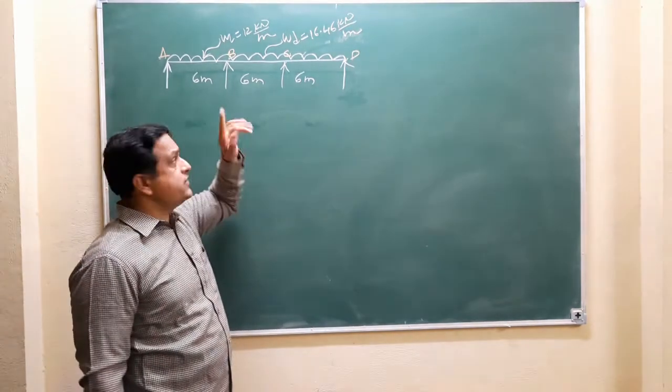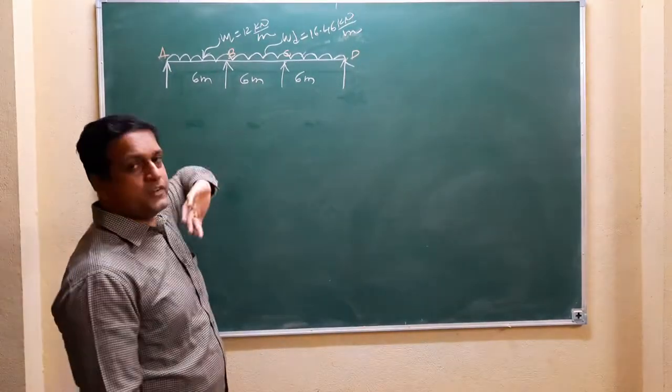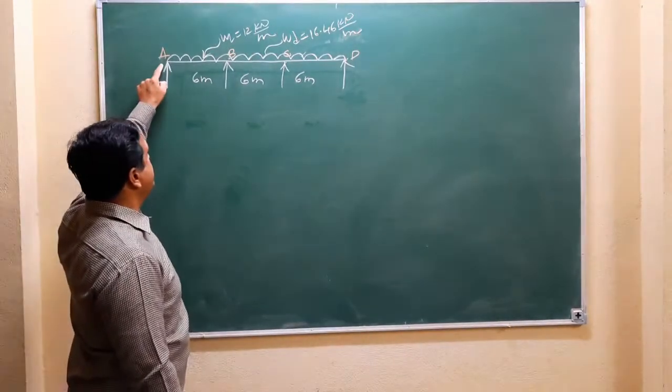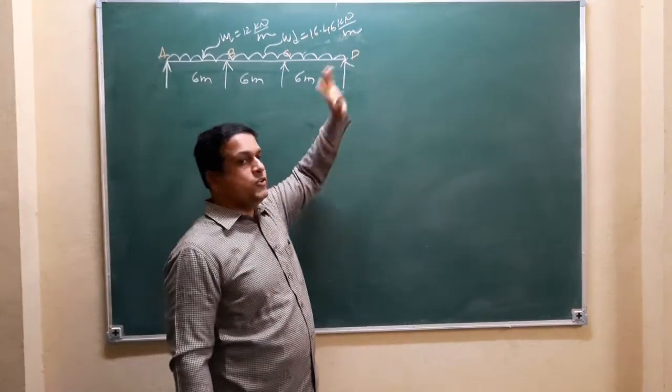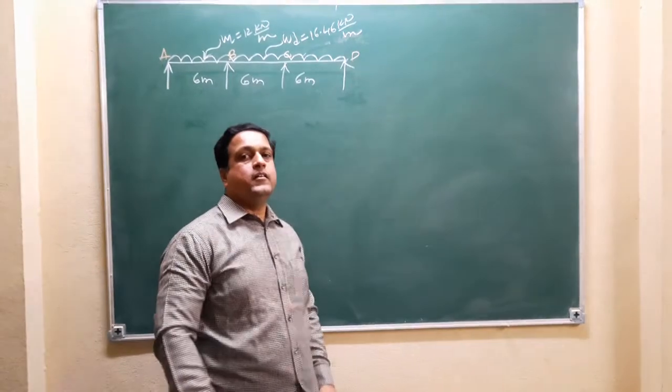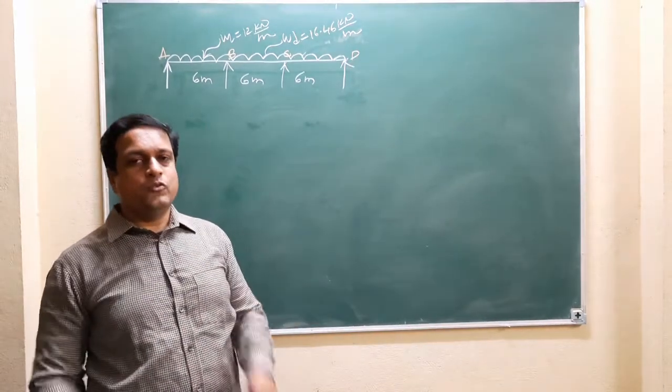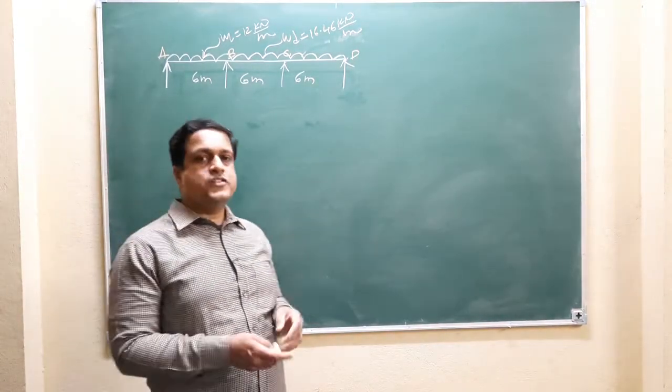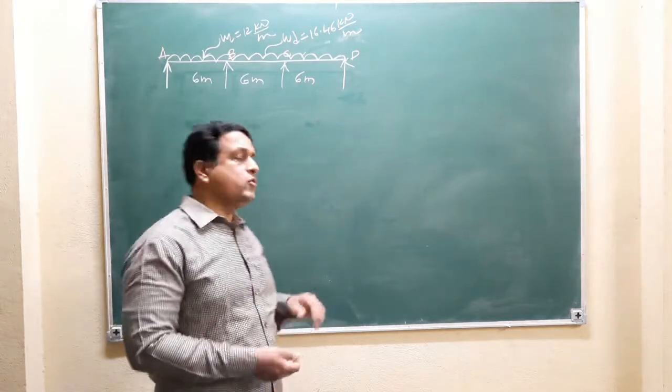Next you have to find out the support moments. Support moment at A is 0 and at D is 0, because we know that when the continuous beam has simply supported end supports, at that location the bending moment is 0.